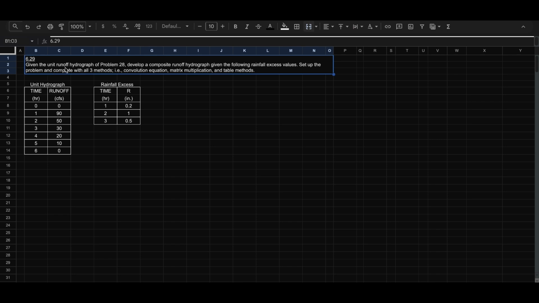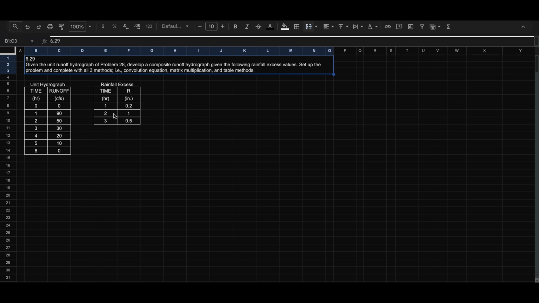Given the unit runoff hydrograph of problem 28, the previous one that we just did, develop a composite runoff hydrograph given the following rainfall excess values. Set up the problem and complete with all three methods: convolution equation, matrix multiplication, and table methods.